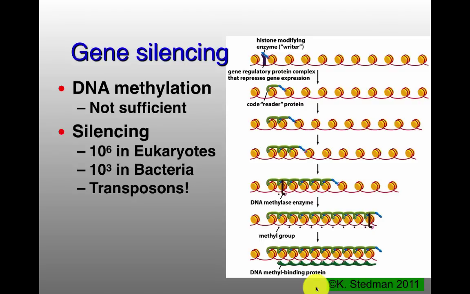So going from some expression to absolutely none, well, absolutely none is 1,000,000 times less, which, as far as we're concerned, is none. So you can have this massive amount of change of expression of one particular gene, under one situation, 1,000,000 copies of your gene, and in another situation, 1 copy of that particular gene. But it's modification of histones, modification of DNA, and all of the binding proteins that are associated with it. So it's that whole process.